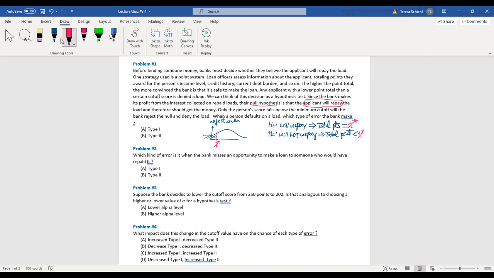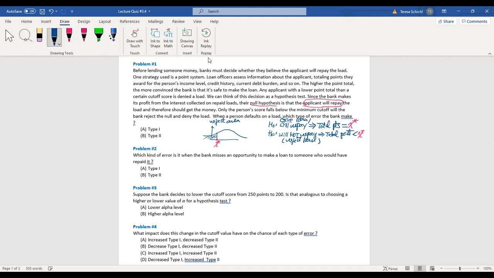That means the bank will give the loan. And if they will not repay, the bank will reject the loan and will not give the loan.